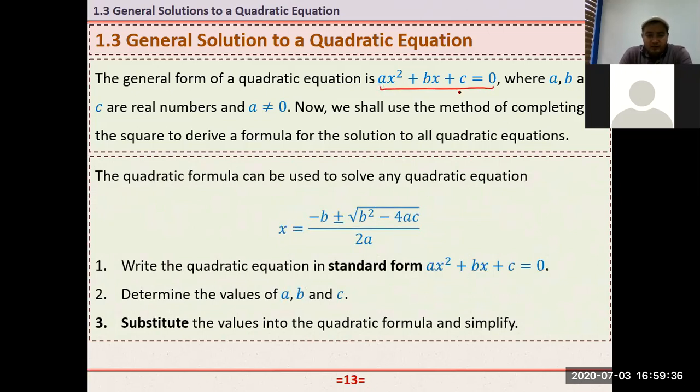A, B, C are constants, they are given, and also we have one condition here: A must be a non-zero number. Why is it so? Because if A equals 0, 0 times x squared equals 0, it becomes a linear equation. And we know everything about linear equations, at least we know. Now we want to just expand our knowledge, right?